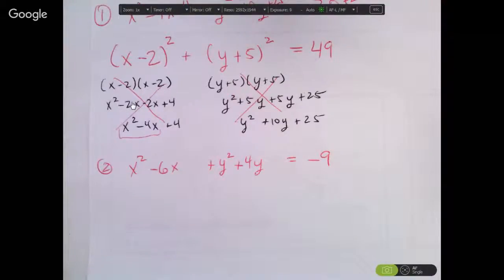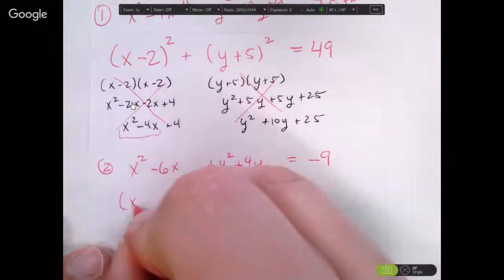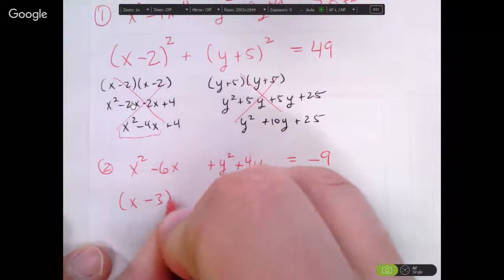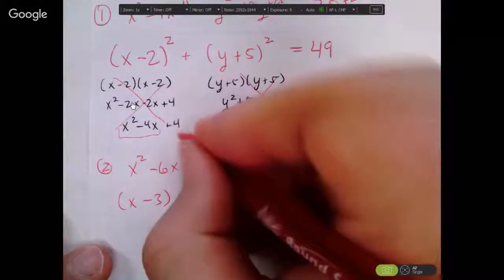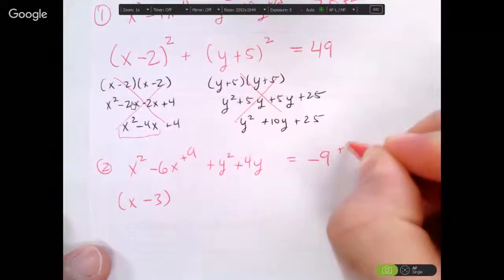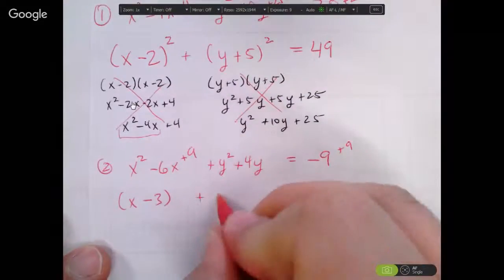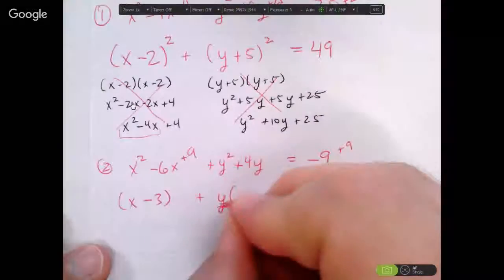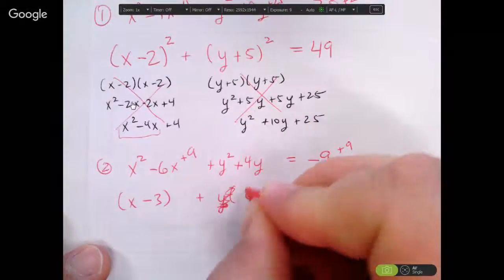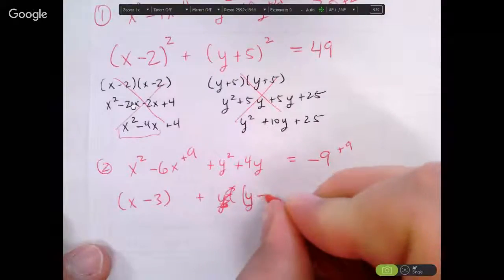So if you did this on the test, I would not fuss if you just went x minus 3 and then said, oh, that means I'm adding a 9. So add a 9. And you said plus y, oh, did that wrong, excuse me, y plus 2.